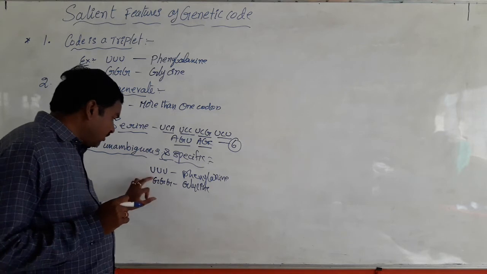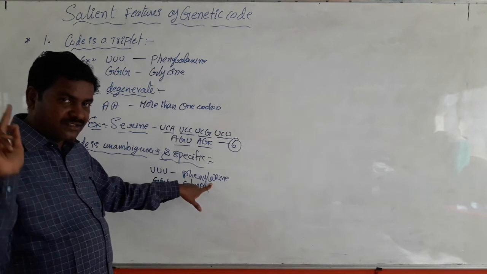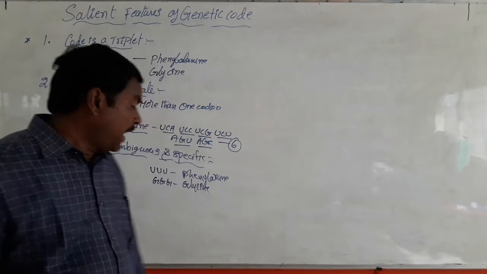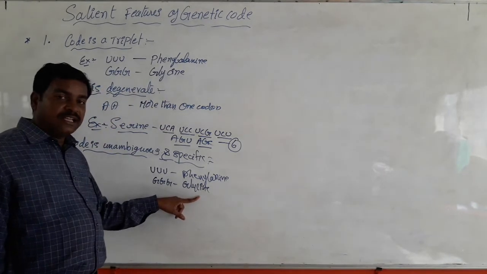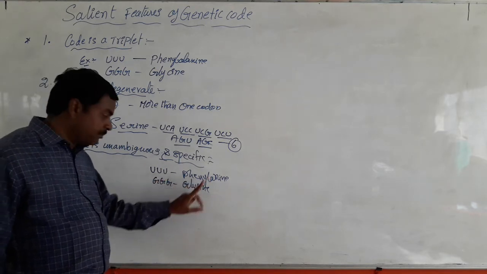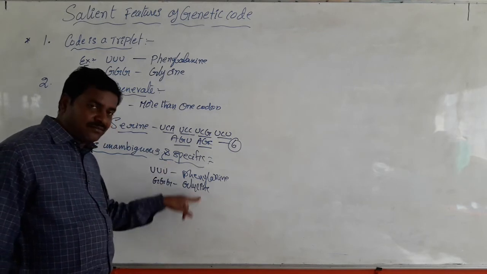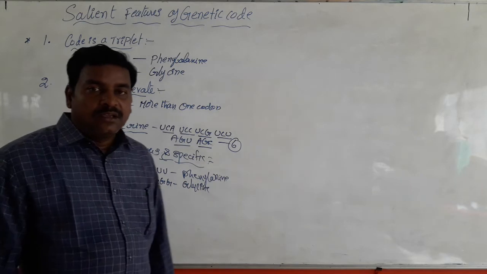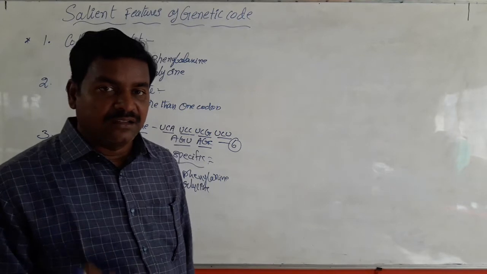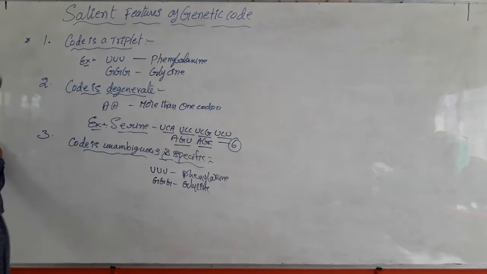A particular codon will code for only a particular amino acid, but not another amino acid. UUU codes only phenylalanine, but not glycine. Triple G recognizes only glycine, but not phenylalanine. That is, code is unambiguous.